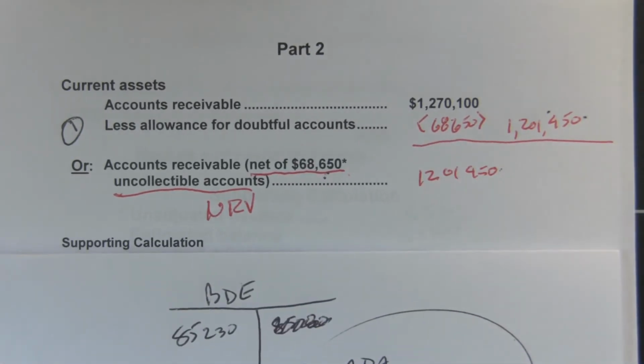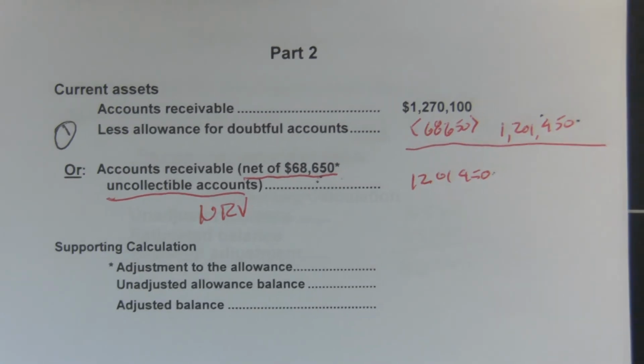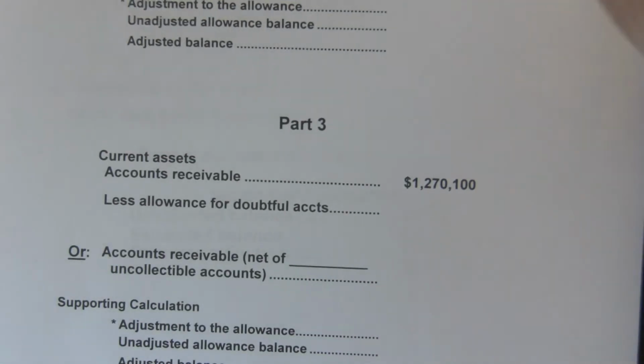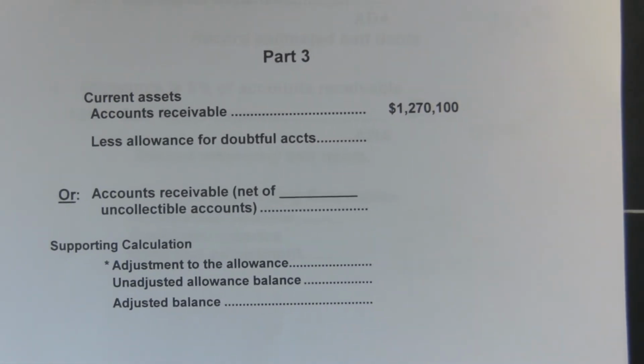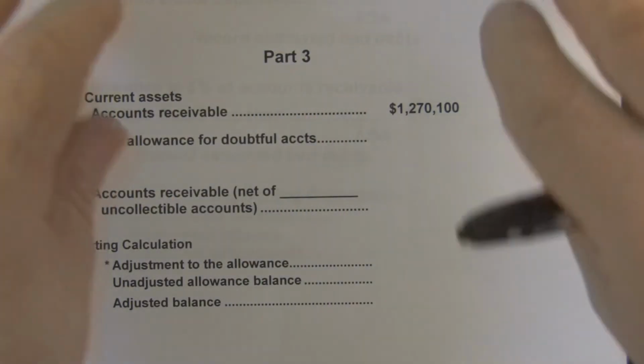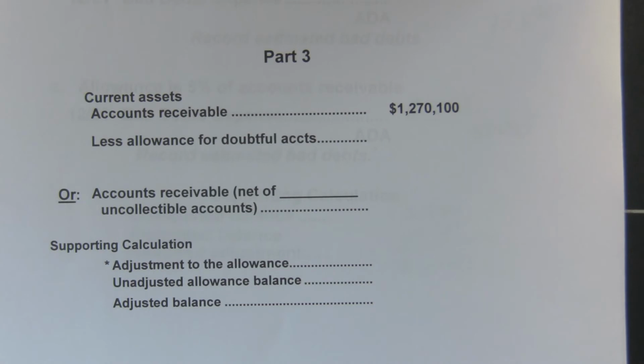So that's part 2. Now, part 3 says, okay, let's do the same thing again, but now let's assume that what we're doing here in part 3 is that this company bases its bad debt and shows its bad debt as a part of receivables.